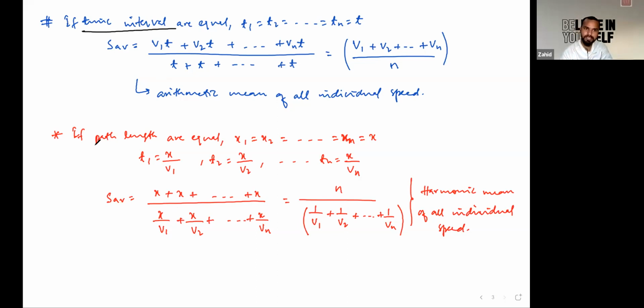Similarly, in the next part, if all the path lengths covered during the entire journey are equal, say x1, x2, and so on to xn are equal, average speed can be calculated using this formula, and this is nothing but the harmonic mean of all individual speeds. So from this you can say we have three different special conditions to get average speed.